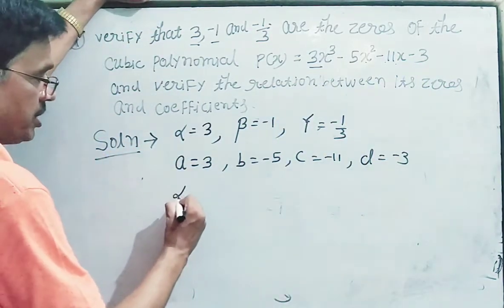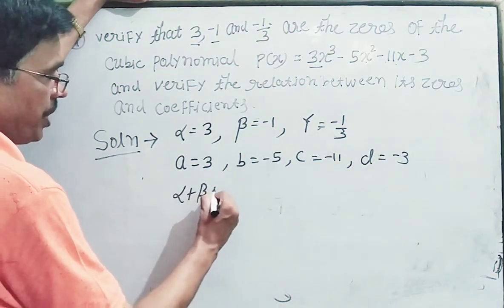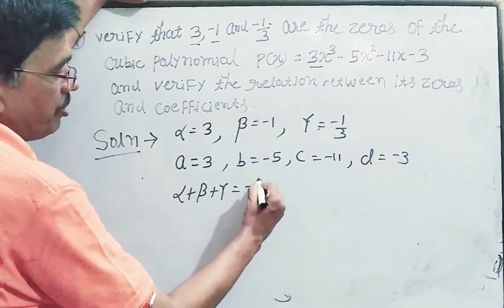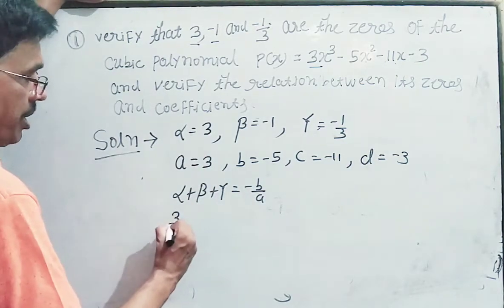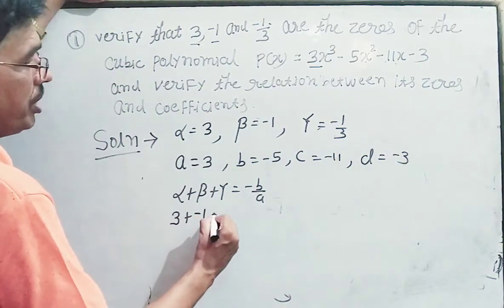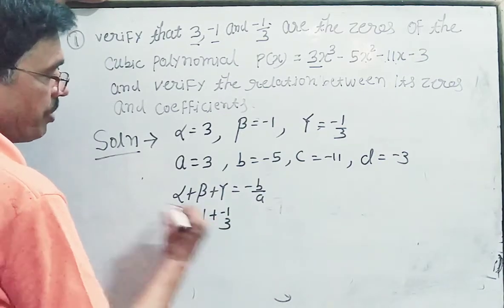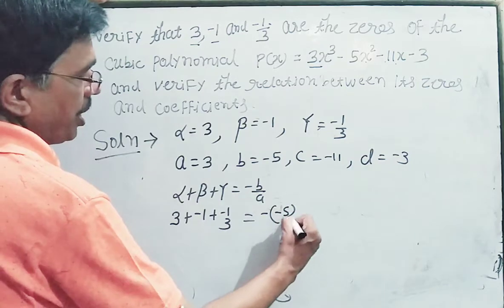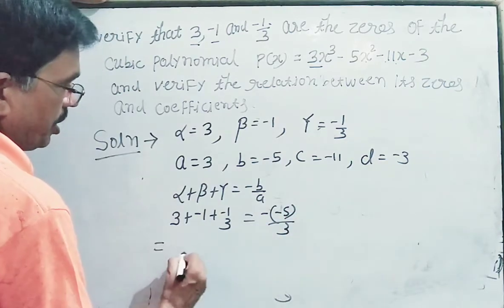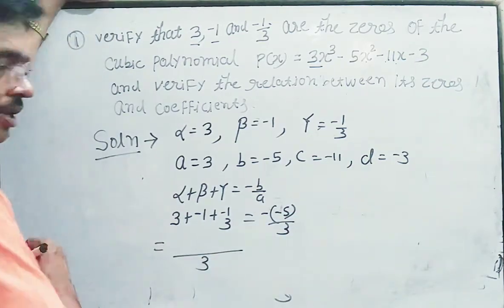First relation is alpha plus beta plus gamma is equal to minus B by A. Verify the relation. Alpha is 3, beta is minus 1 and gamma is minus 1 by 3, is equal to minus B by A, minus minus 5 by 3. Take here LCM, that is 3.